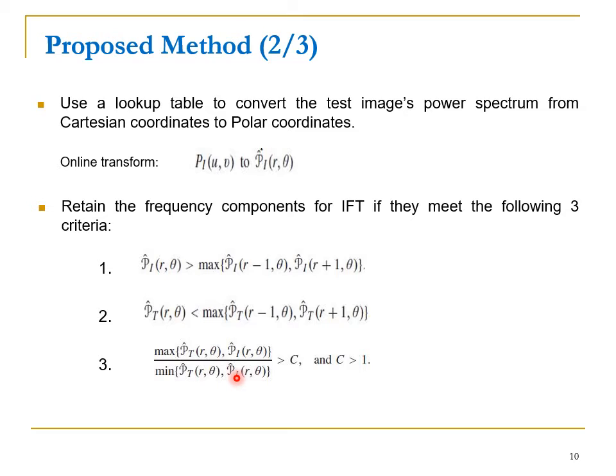It cannot happen that either the template or test image has simultaneously the maximum and minimum value. So if these three criteria are met, it means that that particular location r comma theta indicates a defect.